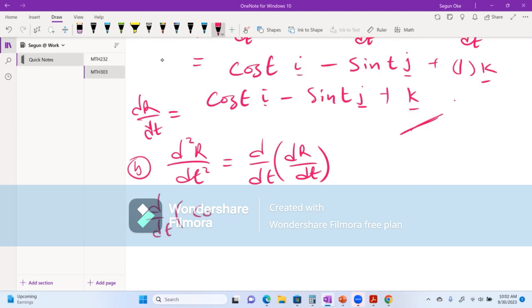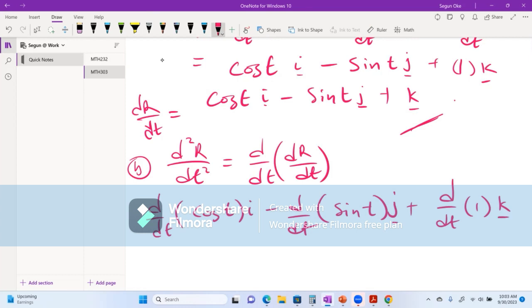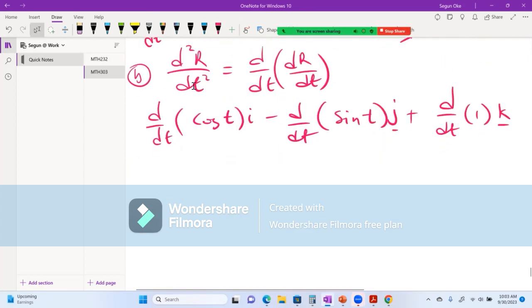It will be d dt of cos t I minus d dt of sine t j plus d dt of 1k. So what do we do? When you differentiate cos t, what do you have?